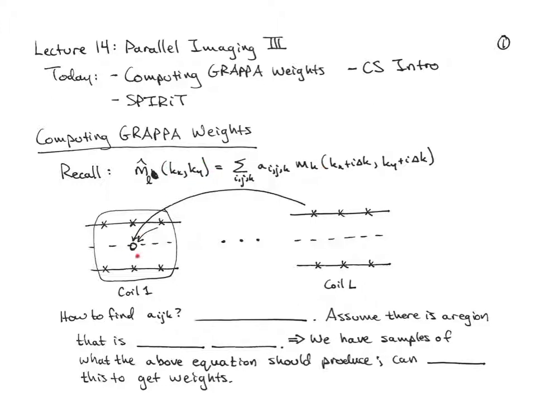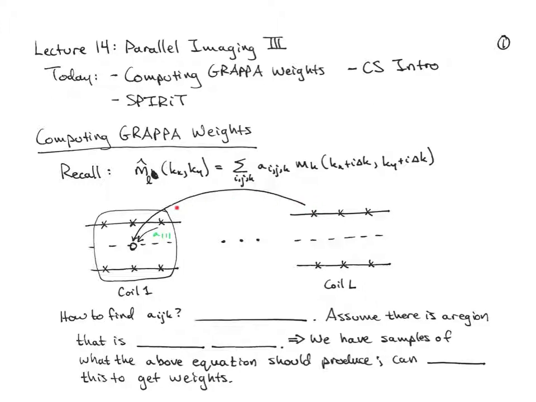So here's a graphical depiction of this. Let's say that we're trying to synthesize the data for coil 1. Then we take sample data from that coil, and we weight it. For example, this would be A_111, multiplied by the data point here in coil 1's own k-space data.